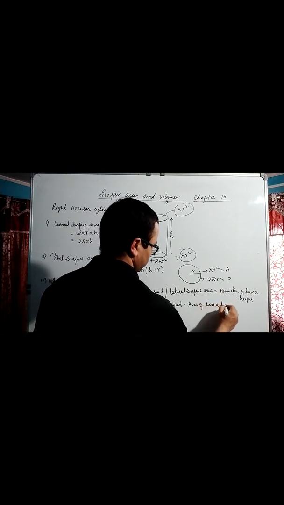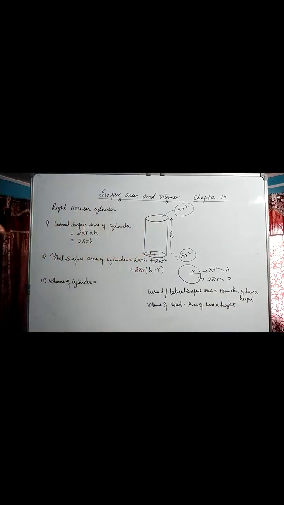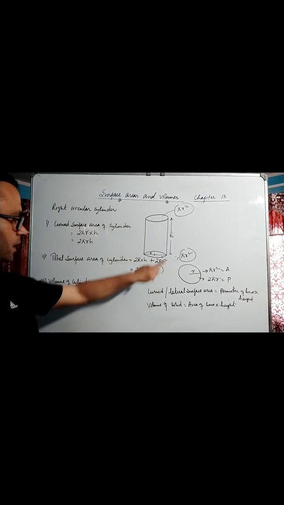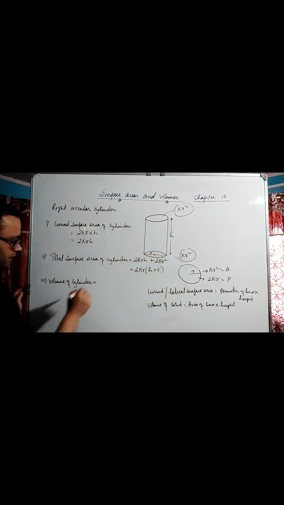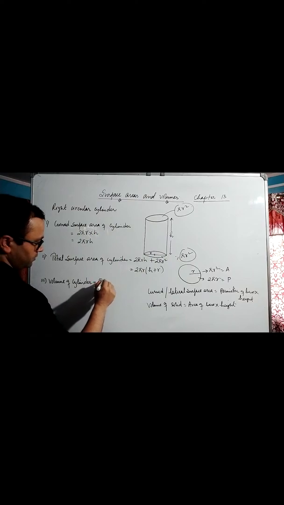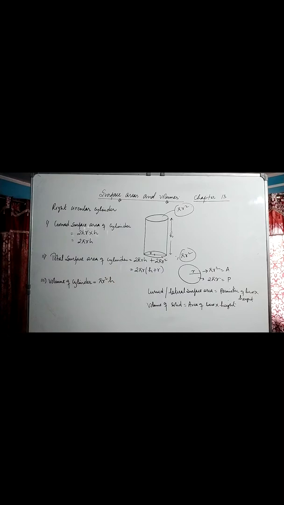Okay, from the figure we can see that the area of base is pi r square. So area of base pi r square into height h. So volume of cylinder is pi r square h. Now this is the case of cylinder. Now move to next, cone, right circular cone.